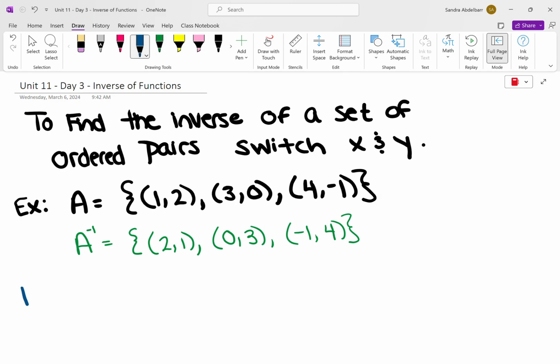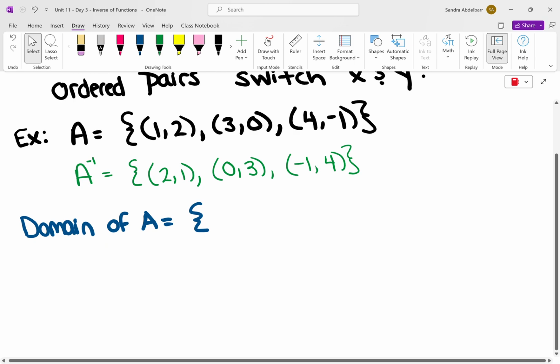Now I want us to find the domain of set A. Well, domain is the x values. So if I'm looking for the domain of set A and I just have a list of points, I'm going to list out all the x coordinates.